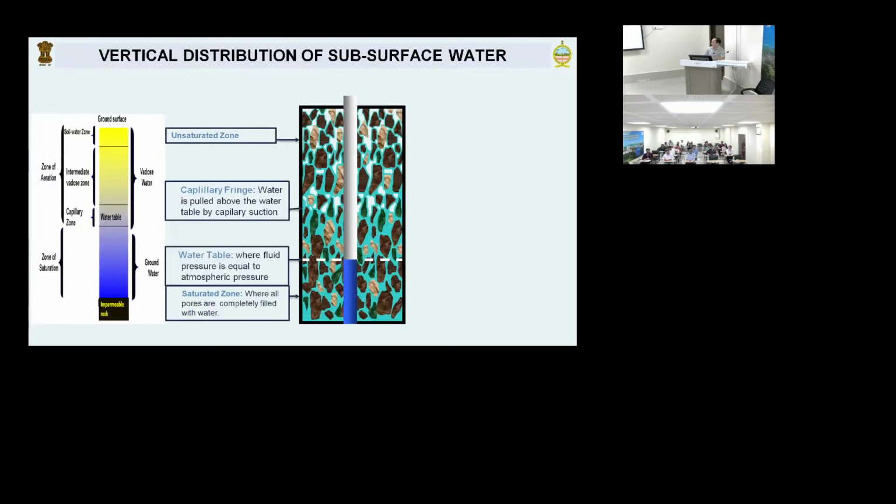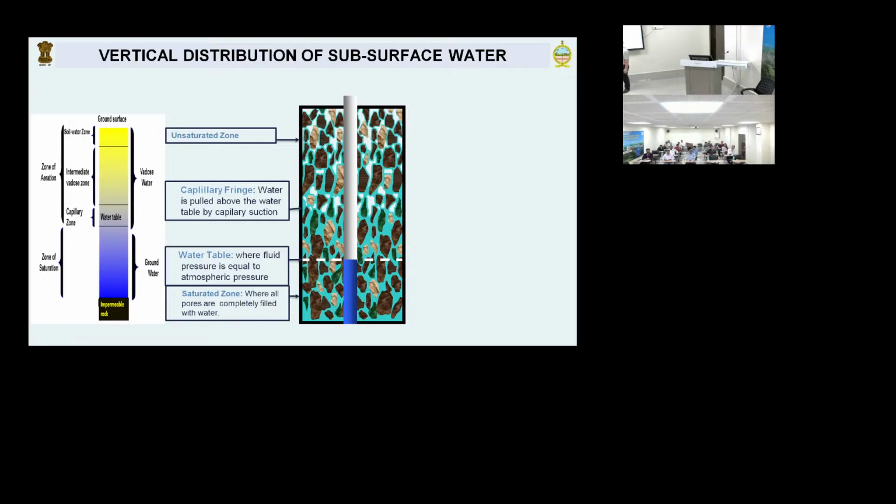Coming to the next, the vertical distribution of subsurface water. When we consider the subsurface starting from the ground surface down to some level, it can be classified into two zones: the zone of aeration and the zone of saturation.